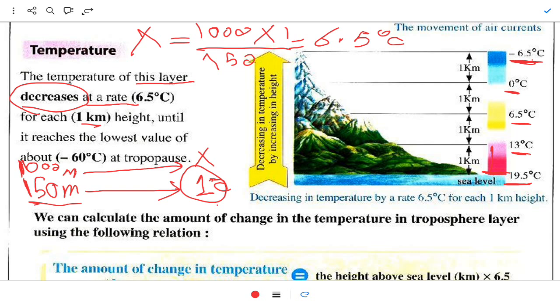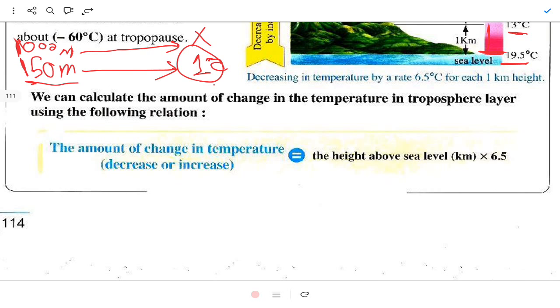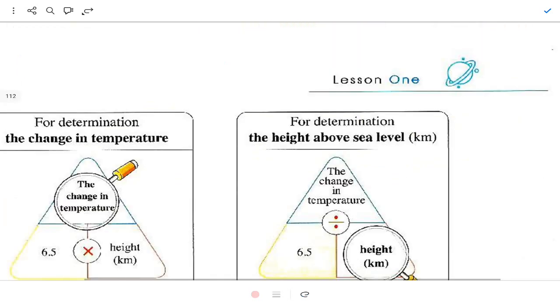So we can calculate the amount of change in the temperature in the troposphere layer using the following relation. The amount of change in temperature, decrease or increase, equals the height above sea level times 6.5. So we have this formula.